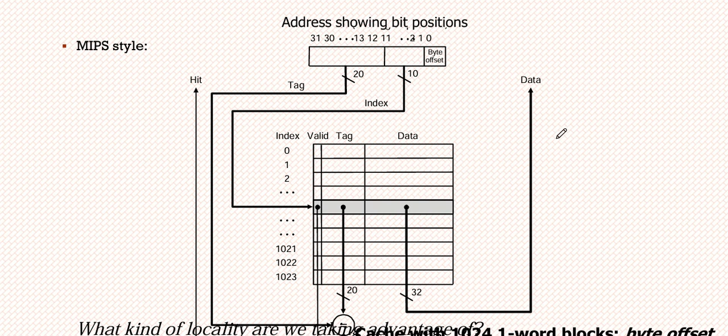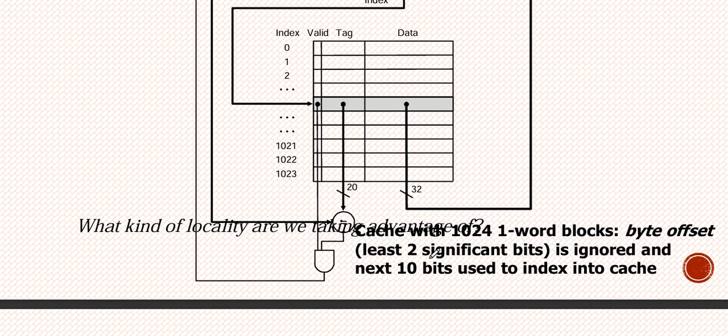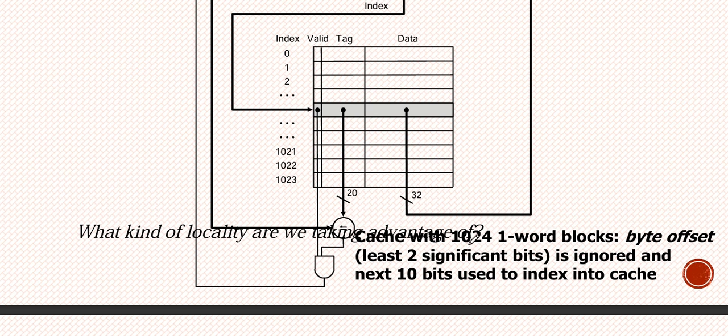All this time we are dealing with a cache storing only one word at a time. They said the cache is 1024 one-word blocks. So 1024 one-word blocks means that the total number of addresses or locations available for storage in cache is 1024, but one-word block means that the data is one word.